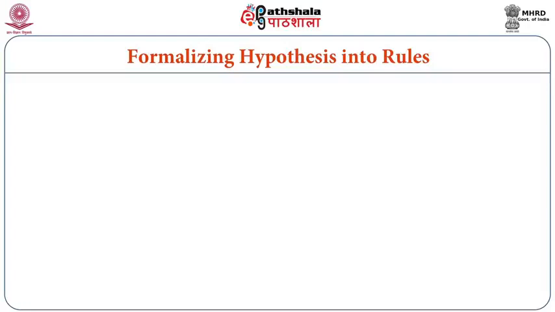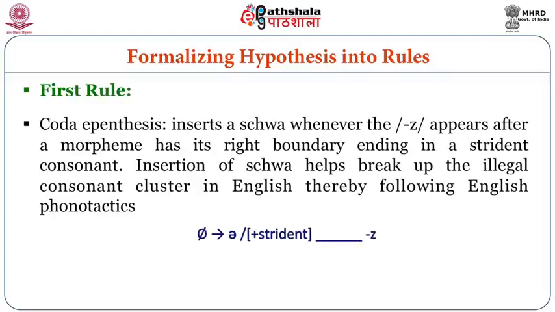Formalizing the hypothesis into rules: now coda epenthesis. It inserts a schwa whenever the z appears after a morpheme whose right boundary ends in a strident consonant. Insertion of schwa helps break up the illegal consonant cluster in English, thereby following English phonotactics.